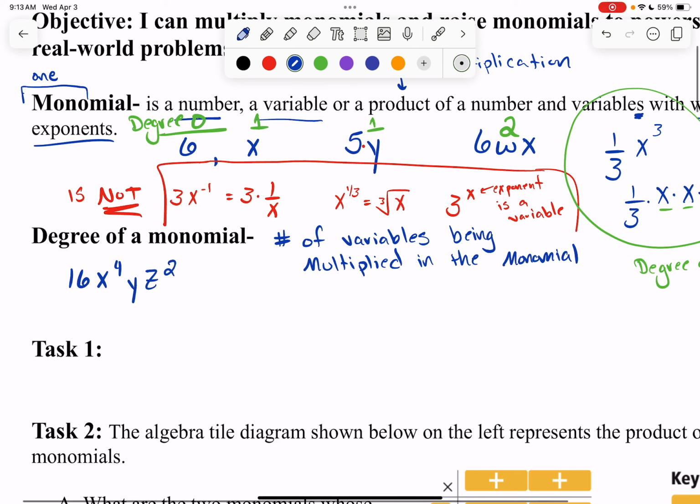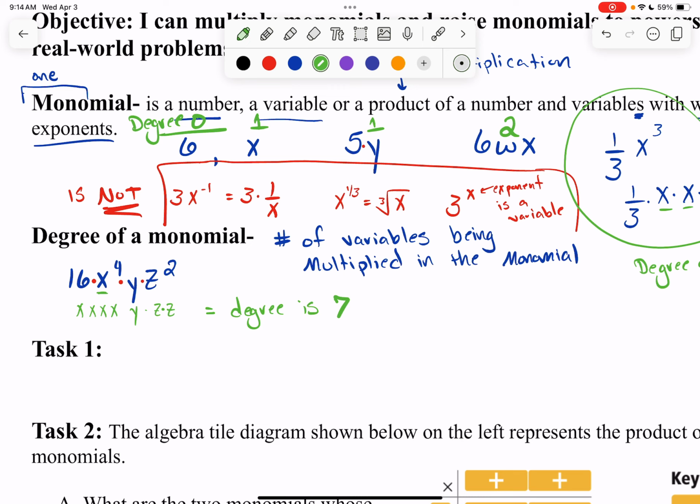That's a monomial. I'm taking 16 times x to the fourth times y times z to the second. The degree of that: here I've got 4 x's, 1, 2, 3, 4. I've got 1 y, and then I've got 2 z's. So 4, 5, 6, 7. So the degree is 7.